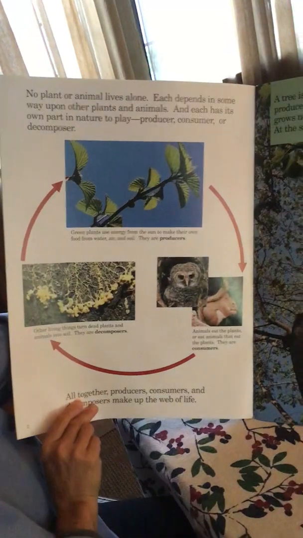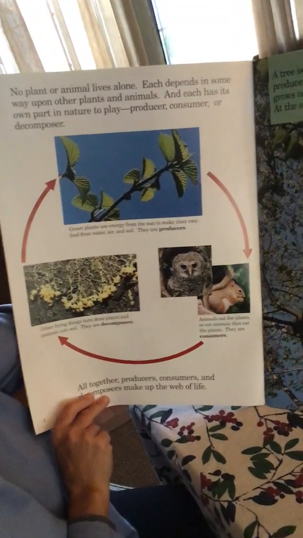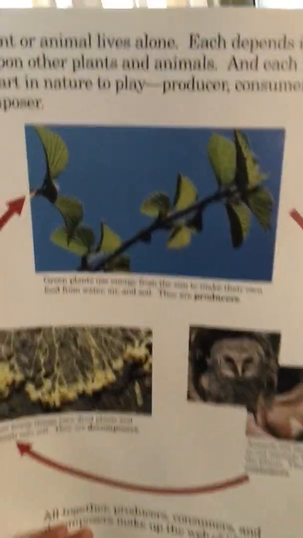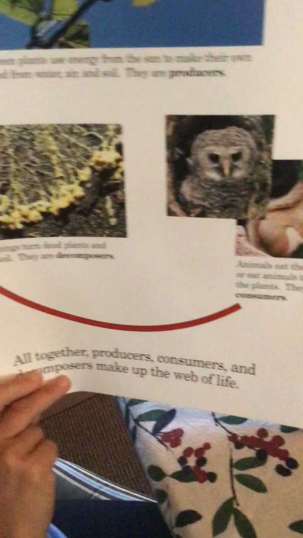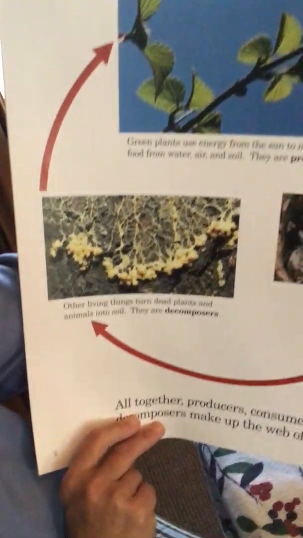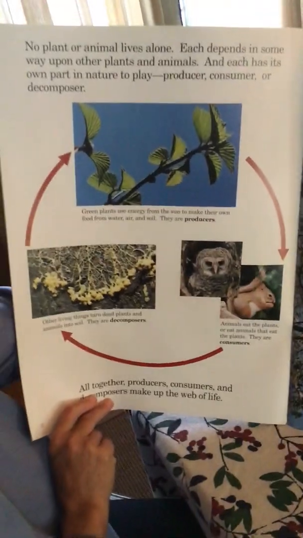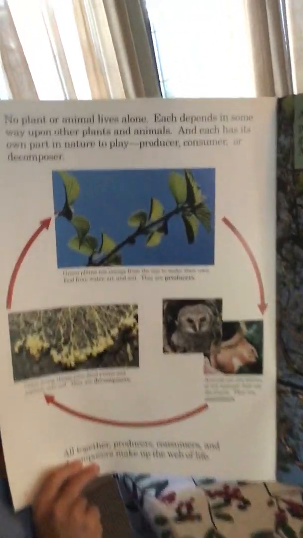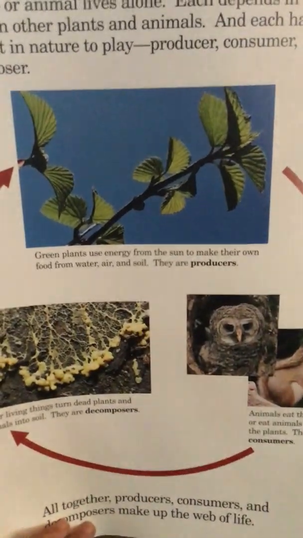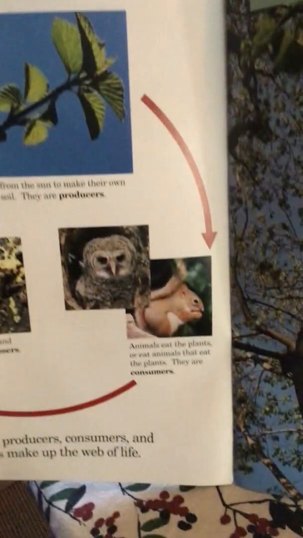No plant or animal lives alone. Each depends in some way upon other plants and animals, and each has its own part in nature to play: producer, consumer, or decomposer. Green plants use energy from the sun to make their own food from water, air, and soil. They are producers.